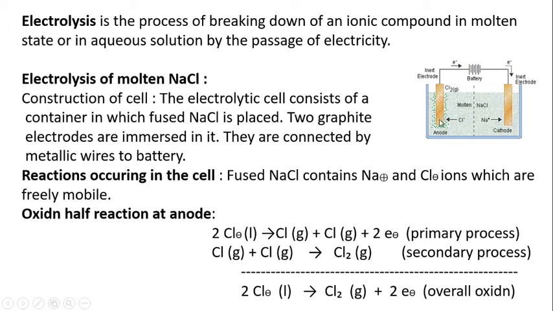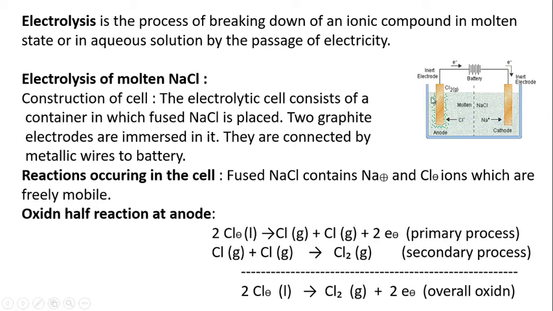The electrode which is attached to the positive terminal of the battery is called the anode, and the second electrode which is attached to the negative terminal of the battery is called the cathode.